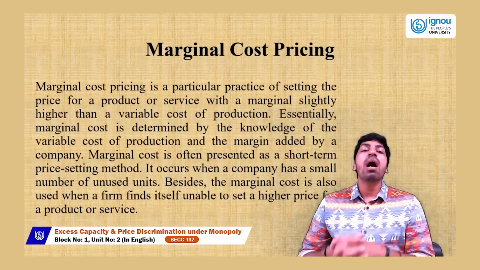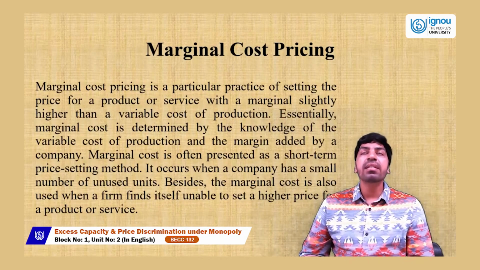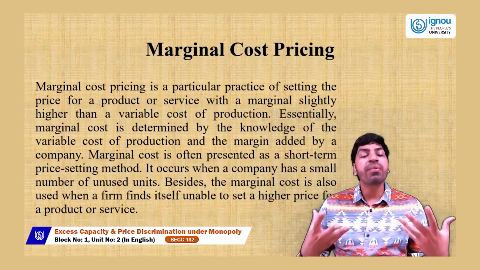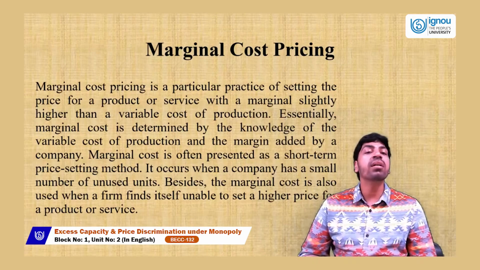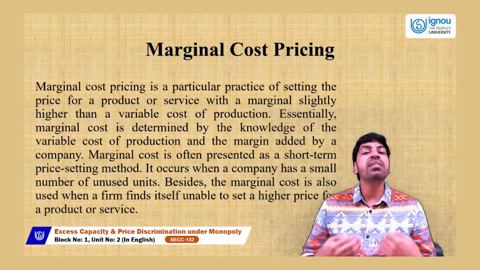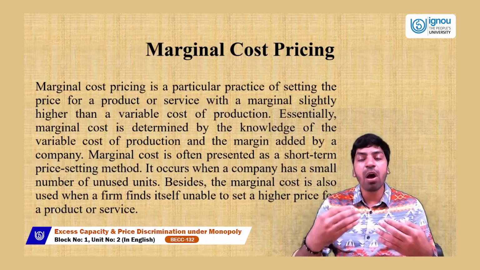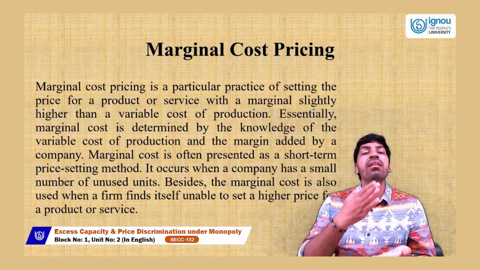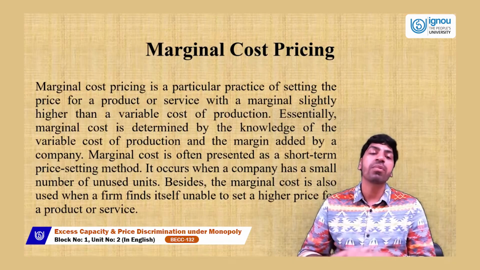So when we talk about marginal cost pricing, it is one of the practices where the price of a particular product or service is decided with marginal changes, and it is always higher than the variable cost of producing the product.